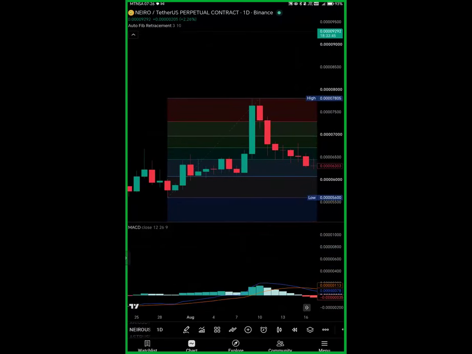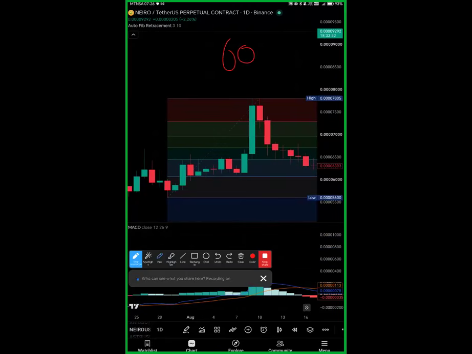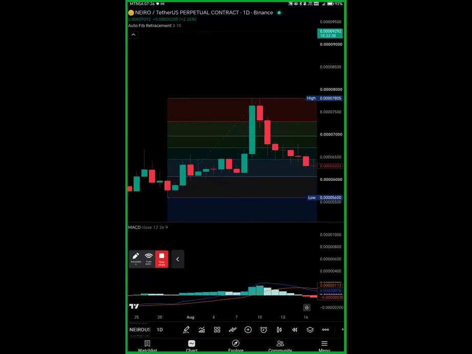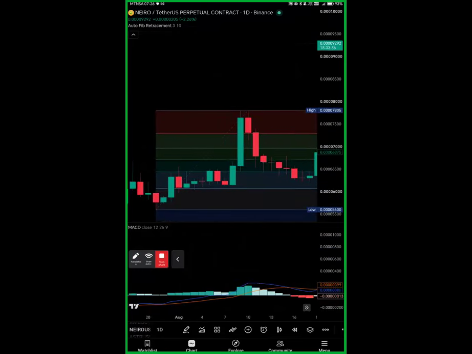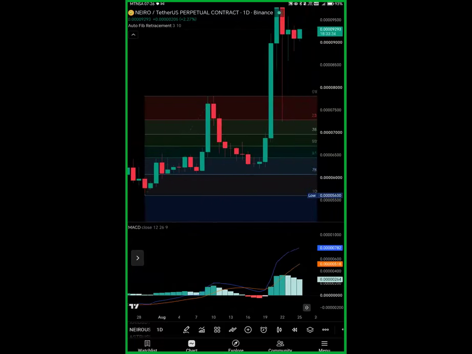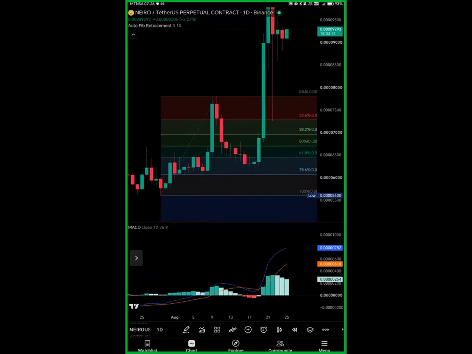What type of a chart pattern is this one here? If I may put it this way, so that you can see closely. What type of a chart pattern is that?